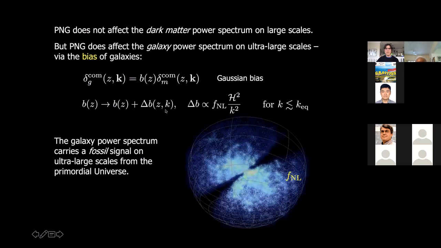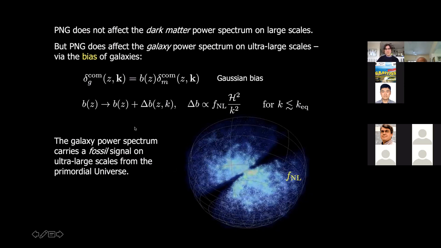There's a scale-dependent correction here, which is proportional to FNL times the Hubble rate squared over K squared, where K is the wave number. And this correction applies when K is less than the equality scale. In other words, it's an ultra-large scale correction to the Gaussian bias.